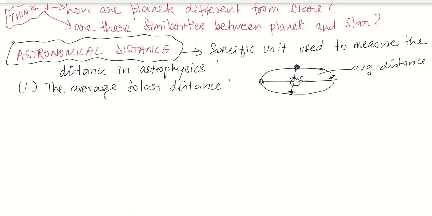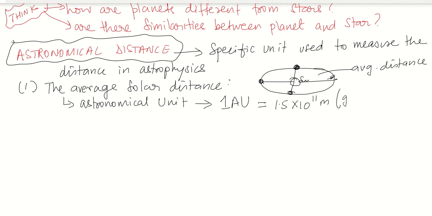Okay. And that average distance is known as your astronomical unit, which is 1 AU, and that is equal to 1.5 into 10 power 11 meter, which is given in data booklet.